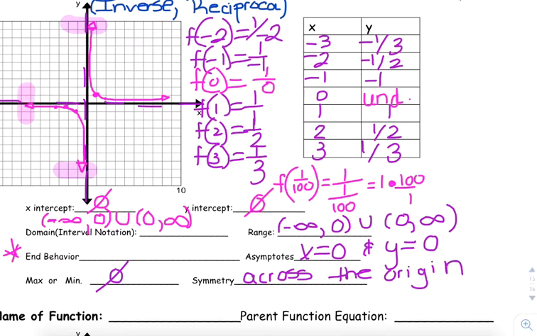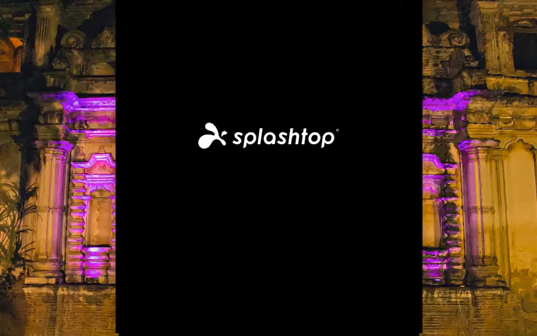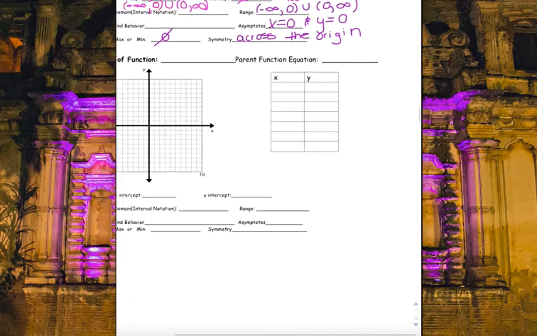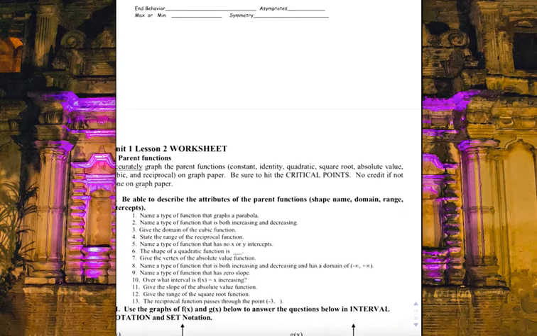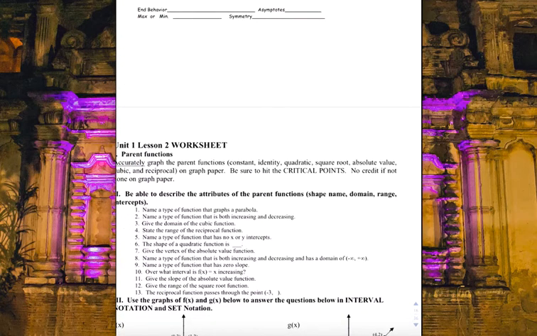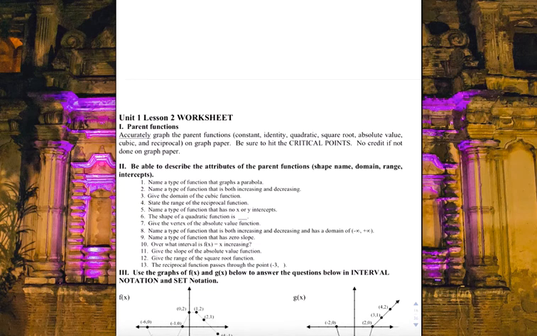Now, those are all our parent functions. Part of your assignment, in part 1, you will be required to accurately graph all the parent functions. This is very important. As far as turning in your assignment, you can turn them in once per parent function.